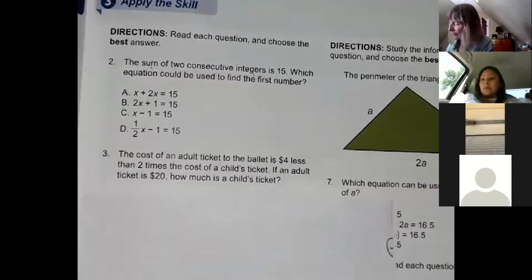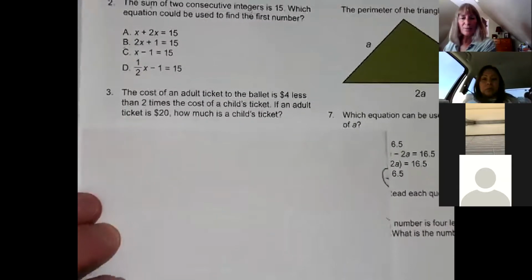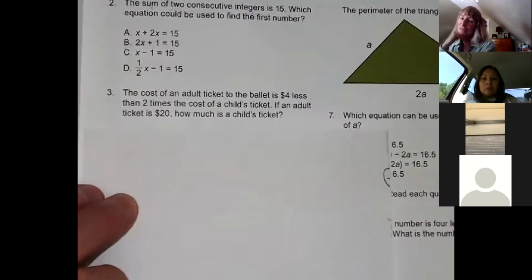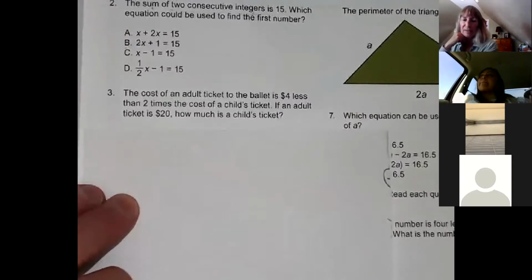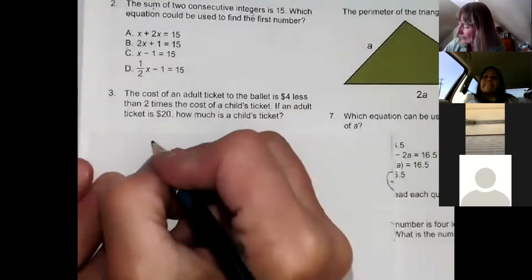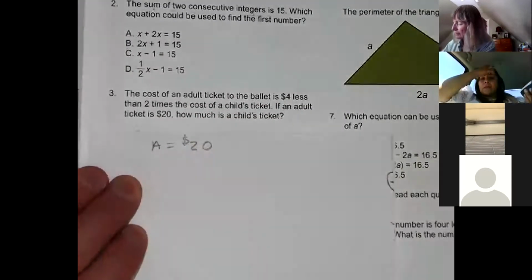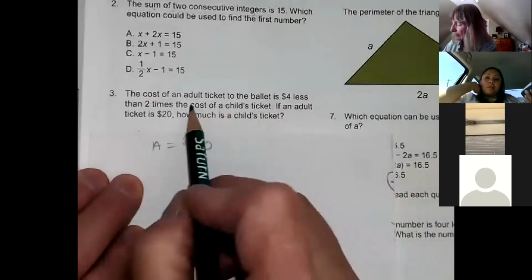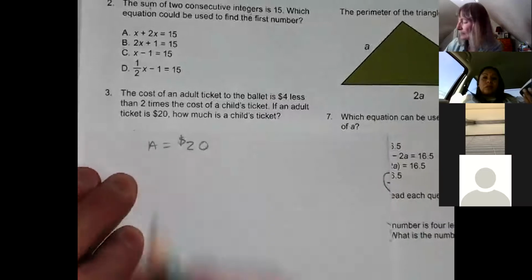Here we go. The cost of an adult ticket to the ballet is $4 less than 2 times the cost of a child's ticket. If an adult ticket is $20, how much is a child? Oh, I know how much a child's ticket is.